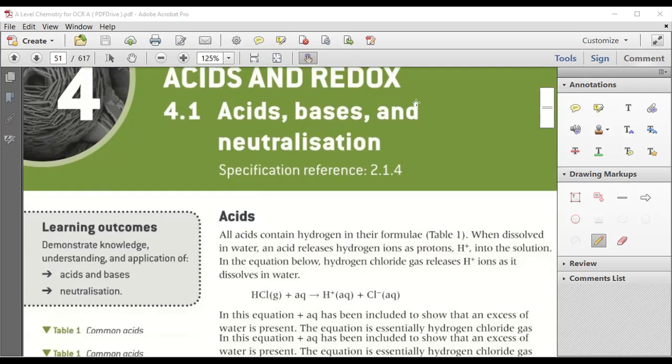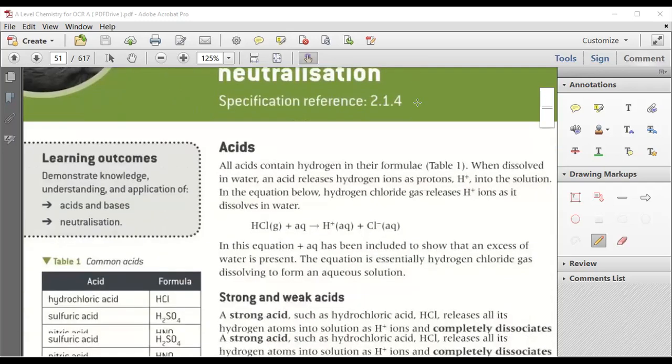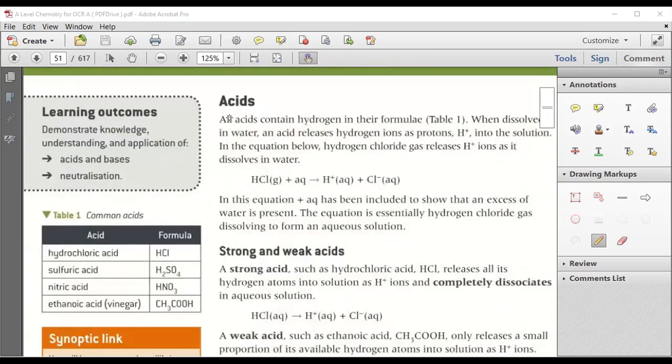Okay. Now, first of all, acid. There are so many definitions for acid given by different scientists. As time progresses, the definition of acid is changing, but nowadays we consider acids as those substances which release H positive ions, or which can accept electrons, known as Lewis acid. As per your book, all acids contain hydrogen in their formula.